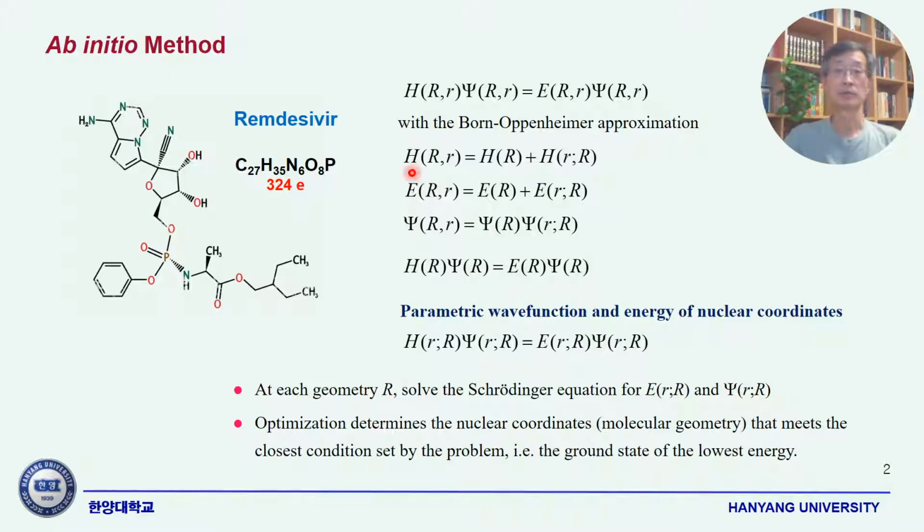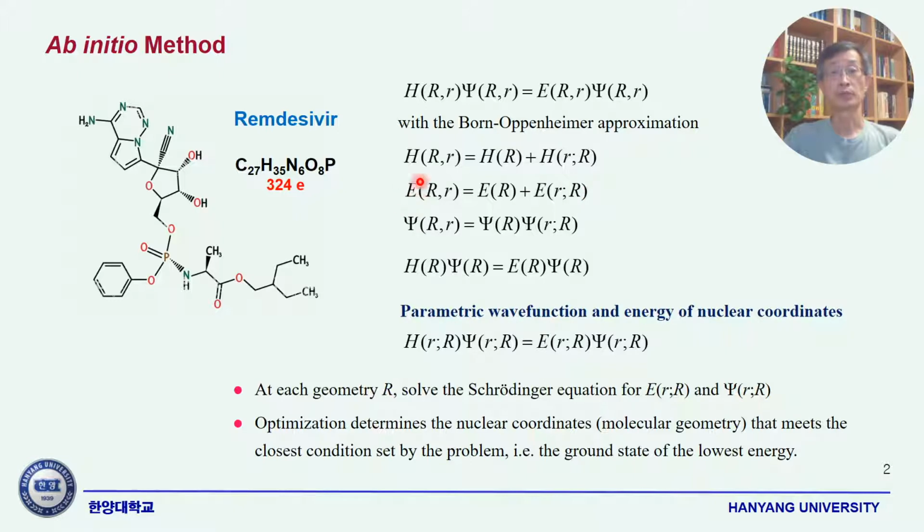And then here, this is the total Hamiltonian and Schrodinger equation for electron and nuclear motion. And then that Hamiltonian is decomposed or decoupled into nuclear motion and electronic motion, with the nuclear coordinate as the parameter. And also, if the Hamiltonian is the sum, then the energy is also the sum.